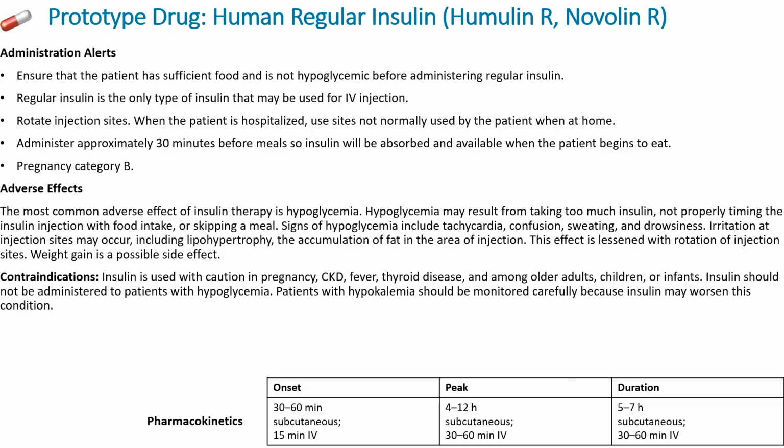Because timing an injection 30 to 45 minutes before the meal is difficult for people to incorporate into their lifestyle, the rapid acting insulins are often preferred by people who take insulin with meals. The rapid acting are more preferred because of this reason.